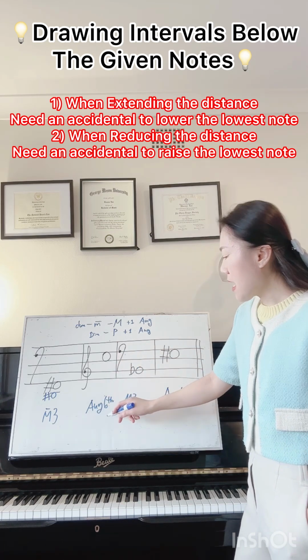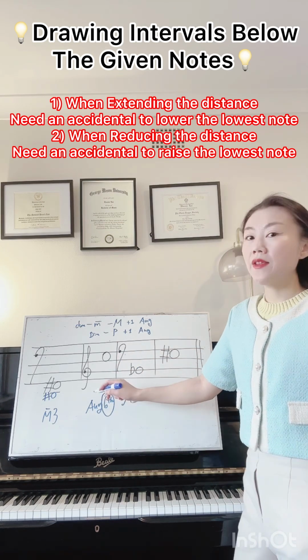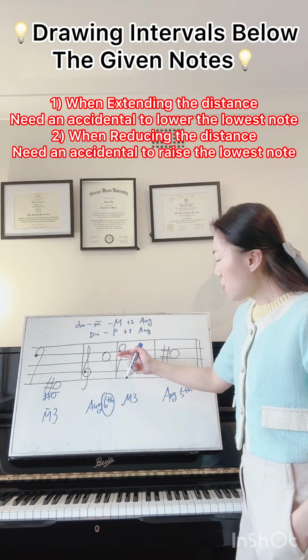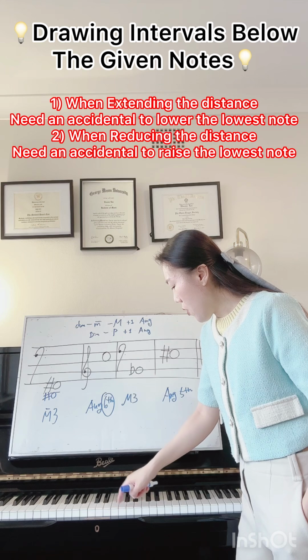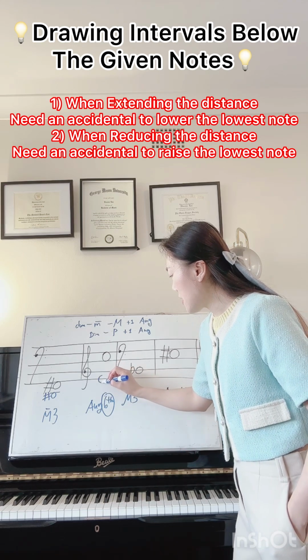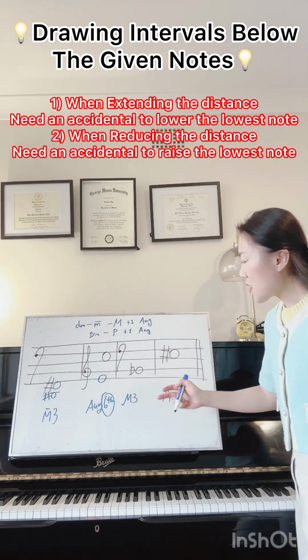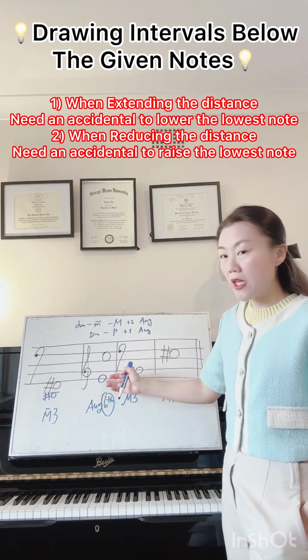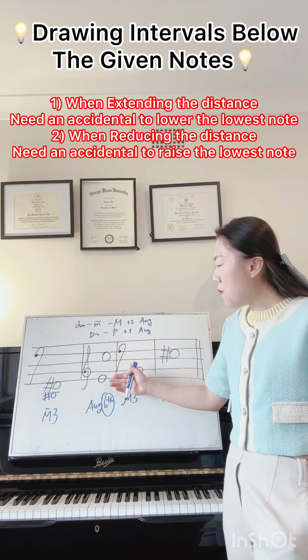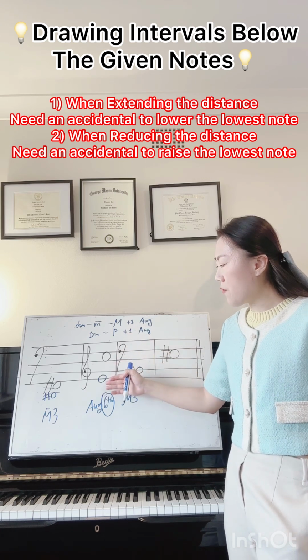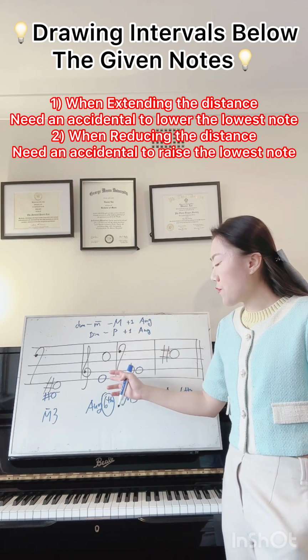All right, so just take care of the number first and then the quality later. What is the 6th note below the treble C? 1, 2, 3, 4, 5, 6. So E is the 6th below C. All right, so now we have to think of E as a tonic temporarily, right? So E to C, if that is the major, we have to go through the major scale of E major. What is the key signature for E major?